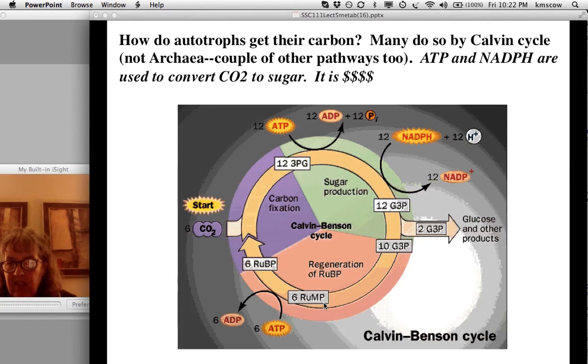It costs to make organic compounds using the Calvin cycle. You need to use ATP and NADPH. So those poor autotrophs pay for their carbon. It isn't automatic. They don't just pull it out of the atmosphere. They pay to convert that CO2, reduce it and convert it into sugars.